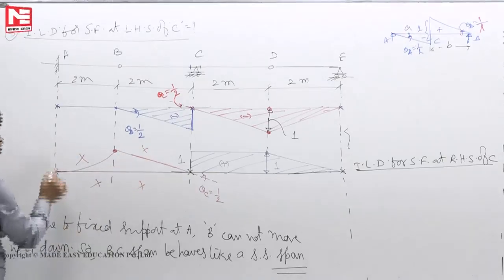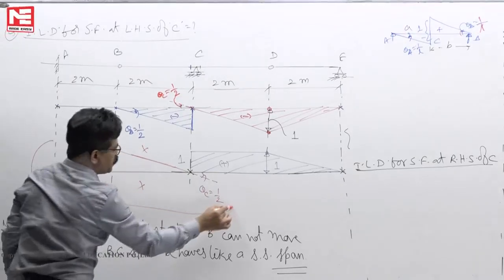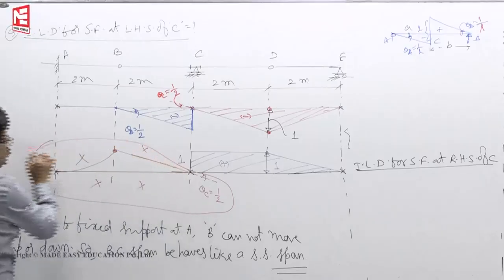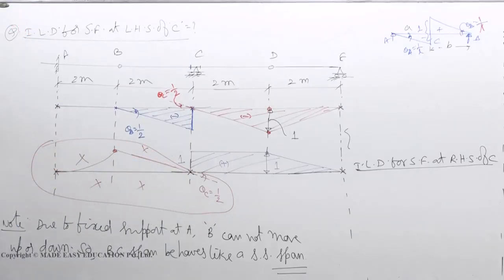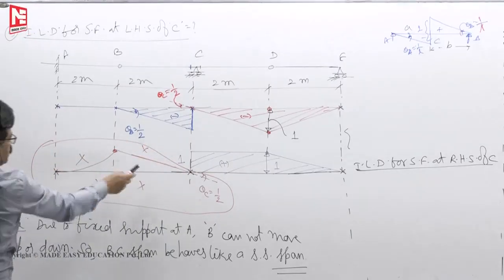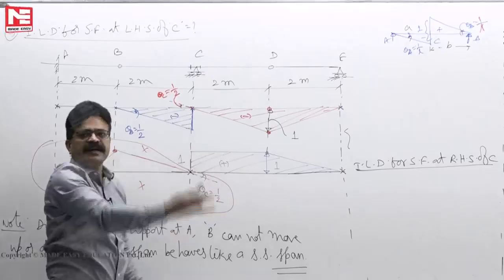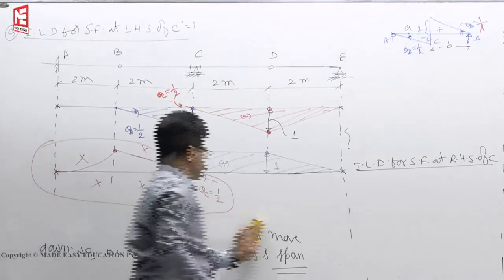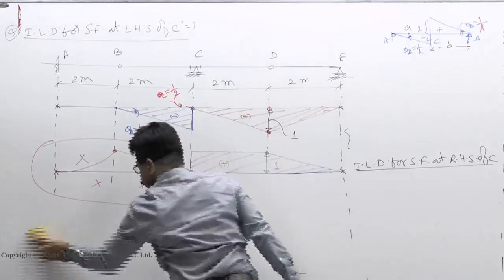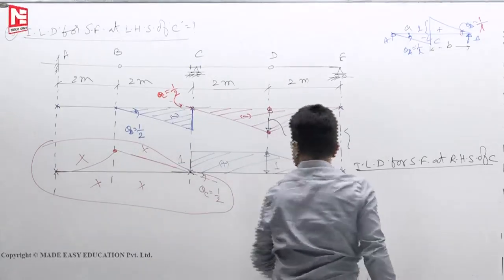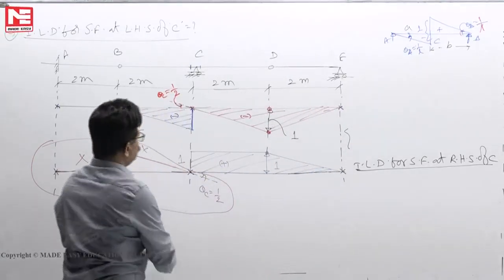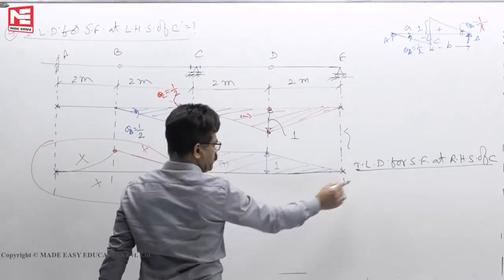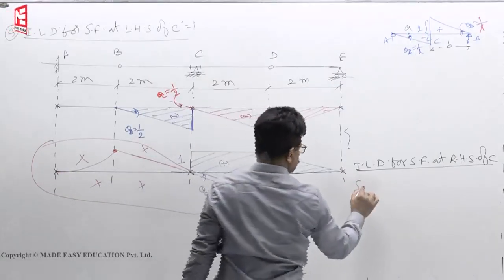In a statically determinate structure, this type of curved deformation is not possible. That's why this is wrong. The next possibility is a cantilever. That way also we can make it.